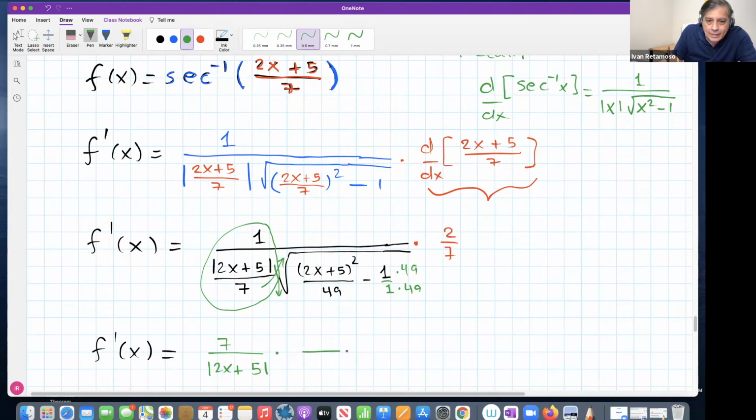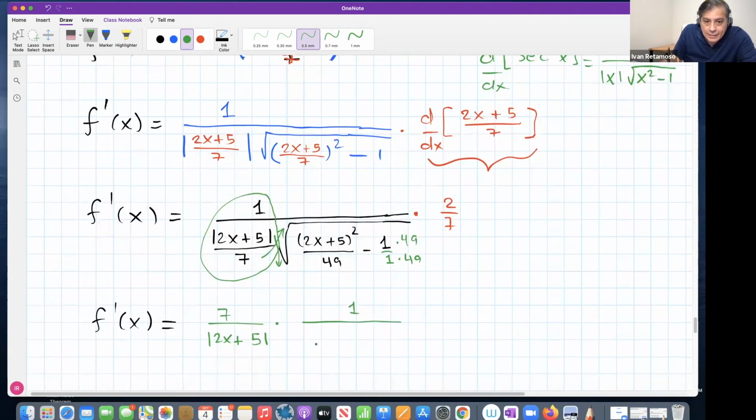This part will be a square root of this guy squared minus 49, right? Let's write it. The square root of 2x plus 5 squared minus 49. On the bottom, a square root of 49, but the square root of 49 is 7, guys. 7.